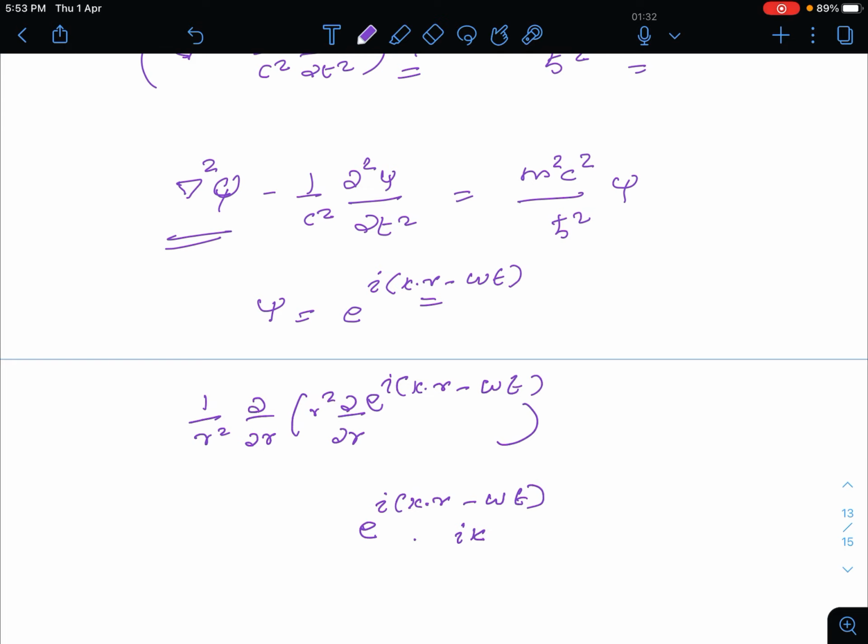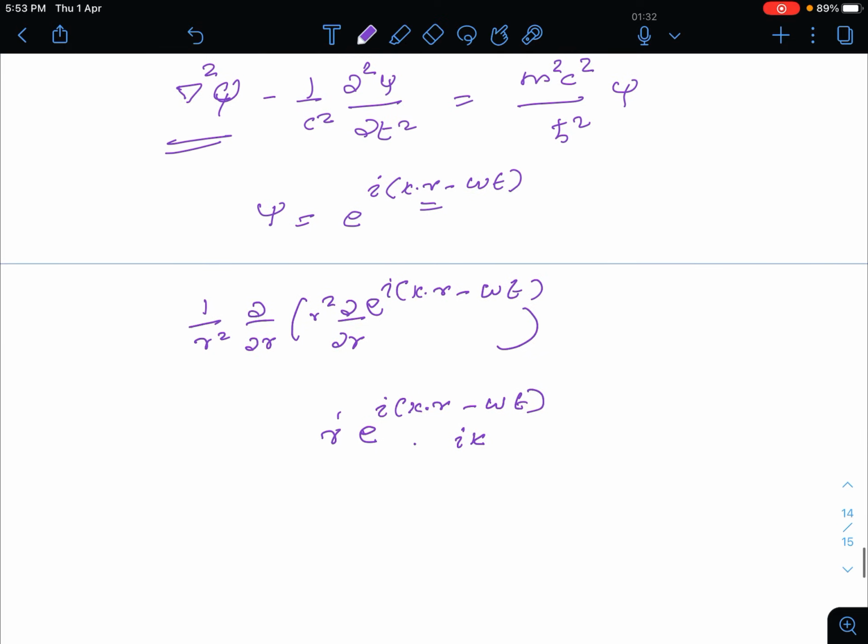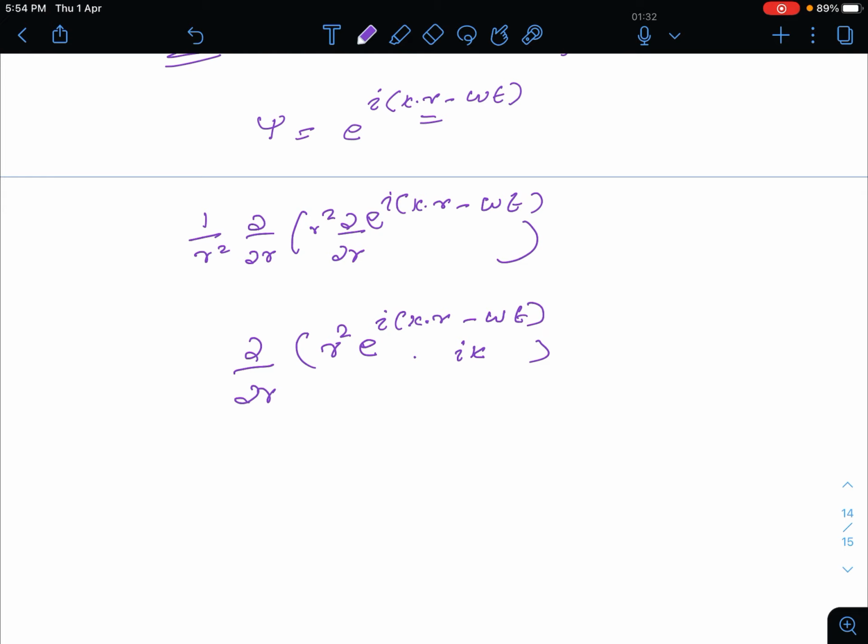Again that becomes 2r times ik e raised to i(k dot r minus omega t), plus r square e raised to i(k dot r minus omega t), again ik.